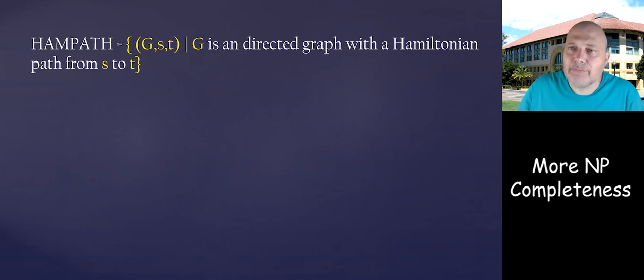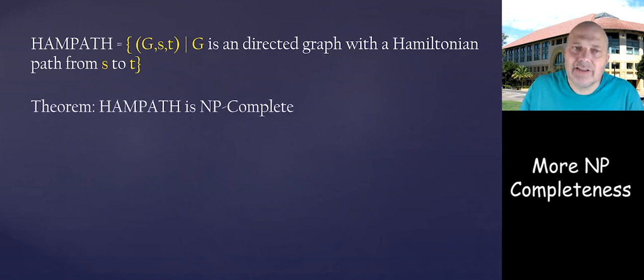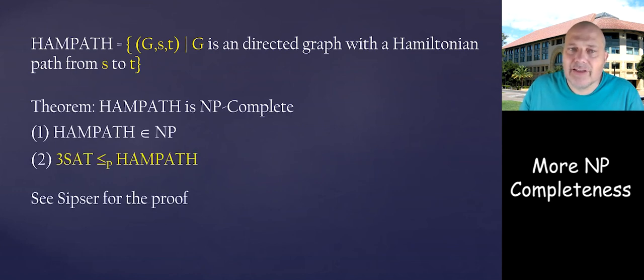The fact that it's in NP is easy. Here you just give me a sequence of vertices, and I check that it is a path in the graph that contains all the vertices, and contains them once. Hamiltonian path is NP complete. It is in NP, and Sipser shows that 3-SAT reduces to Hamiltonian path in polynomial time.